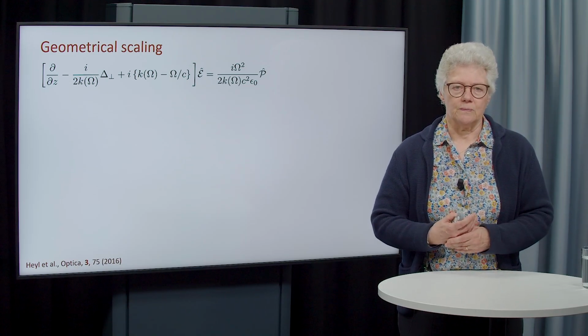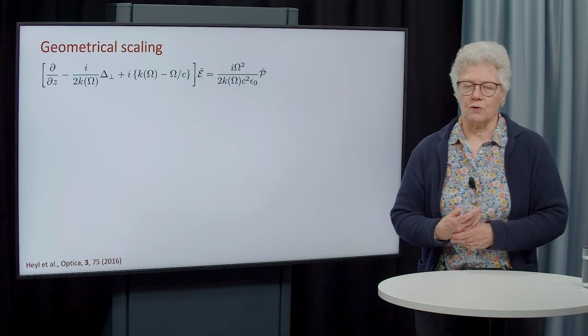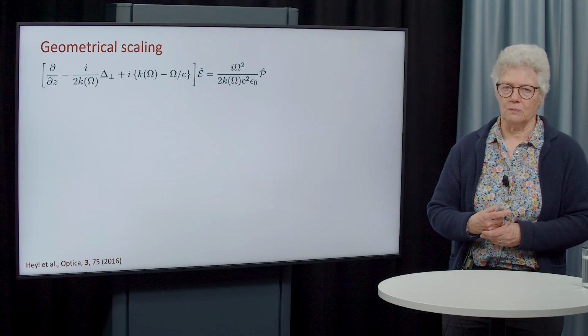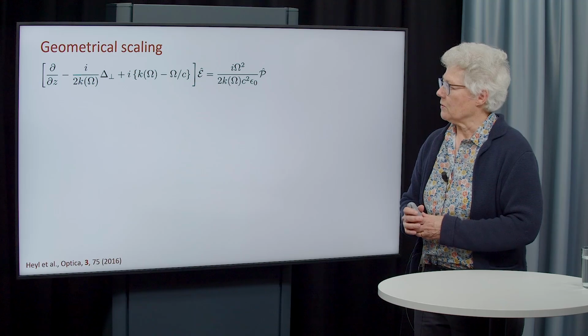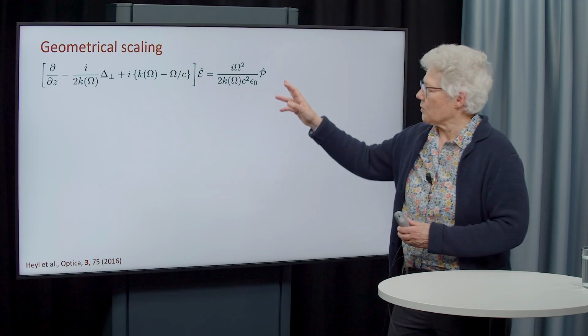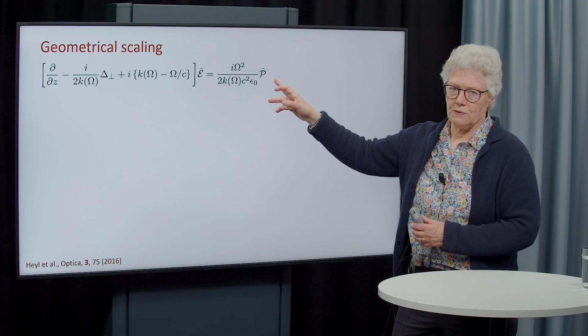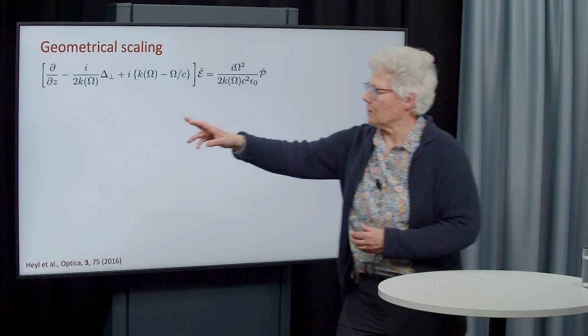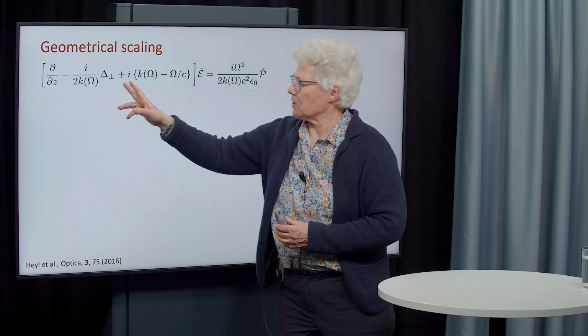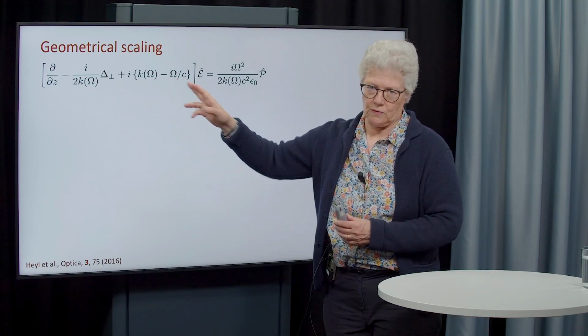Here you have a wave equation describing the generation of high-order harmonics. On the second part of the equation you have the polarization term, and here you have propagation, diffraction, and dispersion.